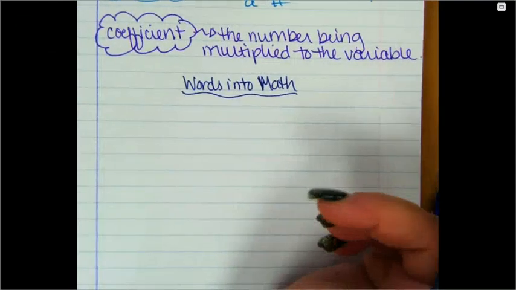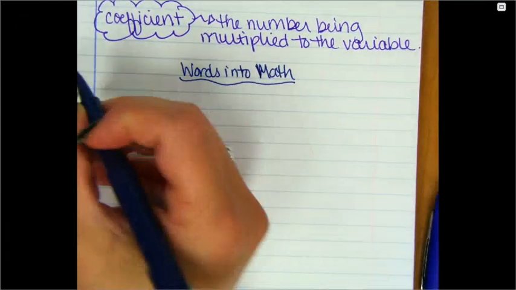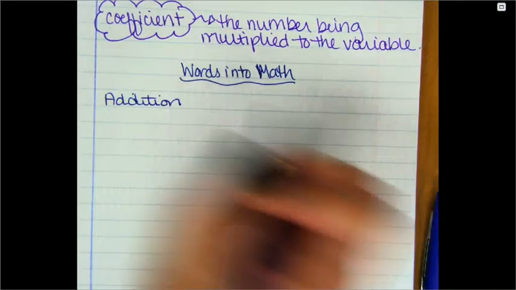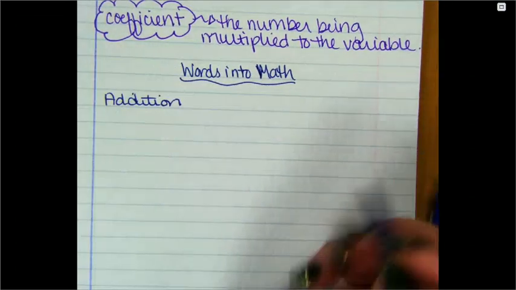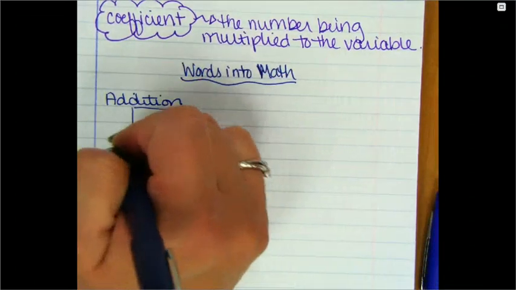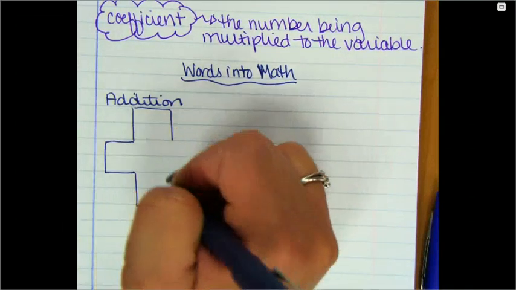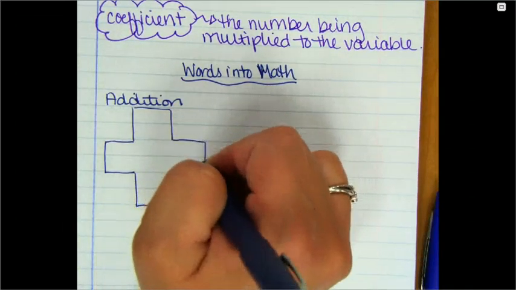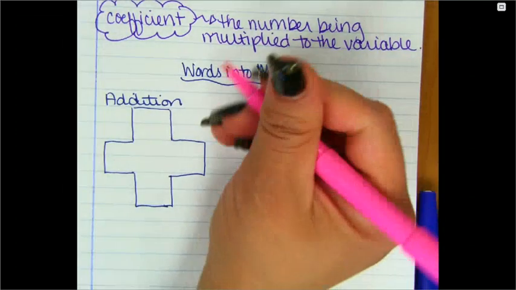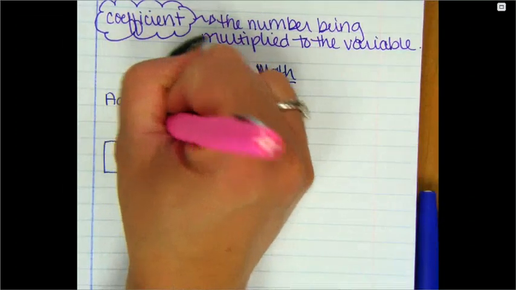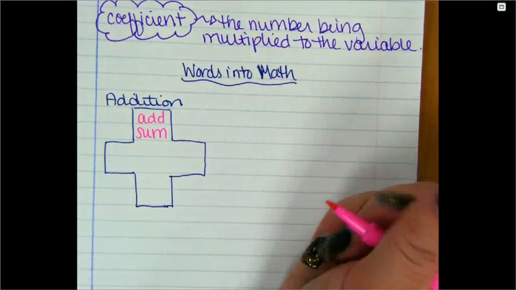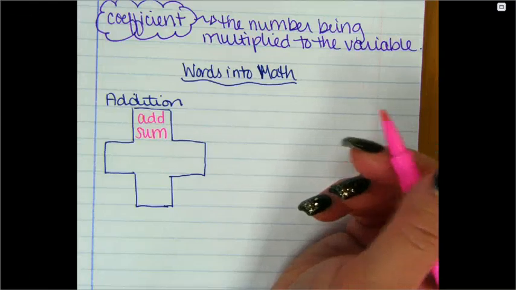All right, words into math. We're going to talk about addition. I'm going to try to make a really big plus sign. It can look like a cross. It's okay. I'm going to put words inside it so it helps us. What are words that represent addition? Add, sum. Not usually together.